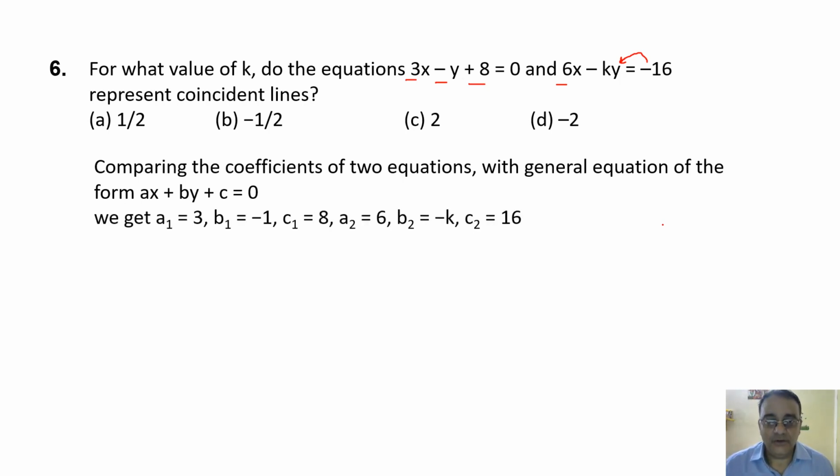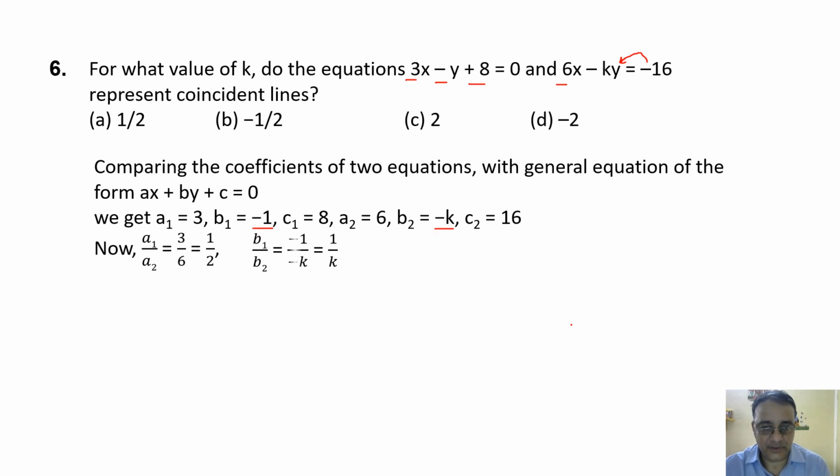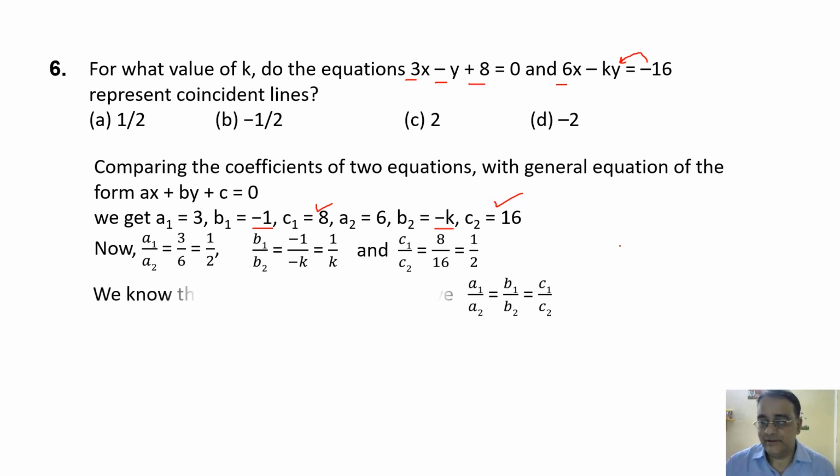Very good. In the question it is given that the lines are coincident, and we know that for coincident lines the condition is a1 upon a2 is equal to b1 upon b2 is equal to c1 upon c2. First we will find a1 upon a2, that is 3 upon 6, which is 1 by 2, and b1 upon b2, that is minus 1 upon minus k, which is 1 upon k, and c1 upon c2, that is 8 upon 16, which is also 1 by 2.